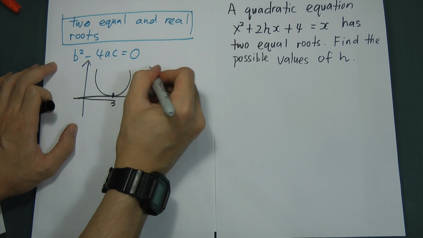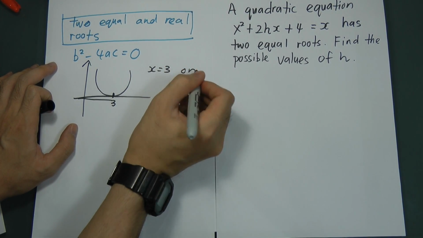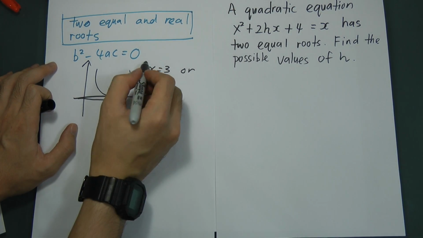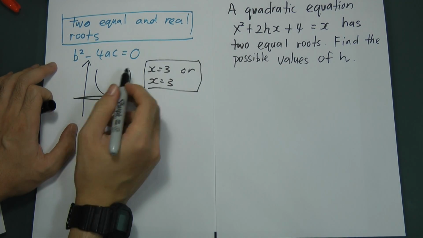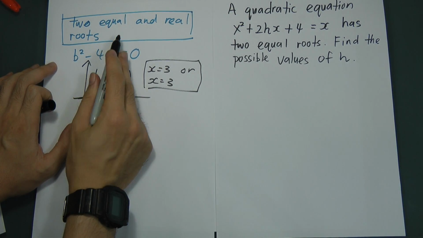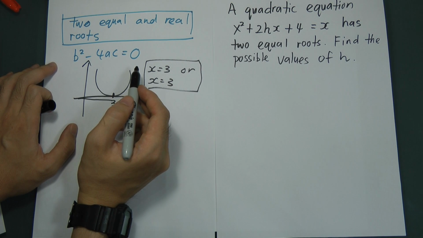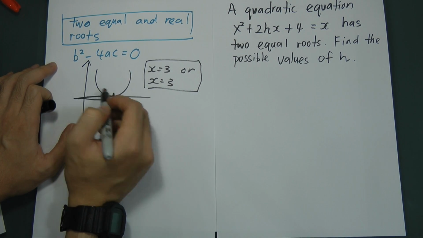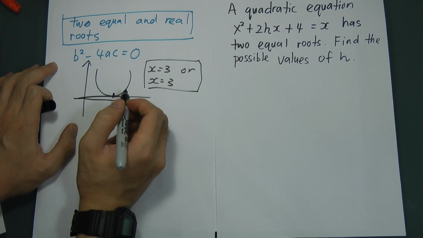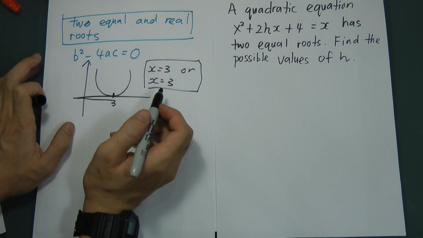You get two answers, x will equal to 3 or x will equal to 3. So they only touch at one point. This is what we call two equal and real roots. Most of the time the curve will touch at one point only, but sometimes the curve might touch at 2 points as well.